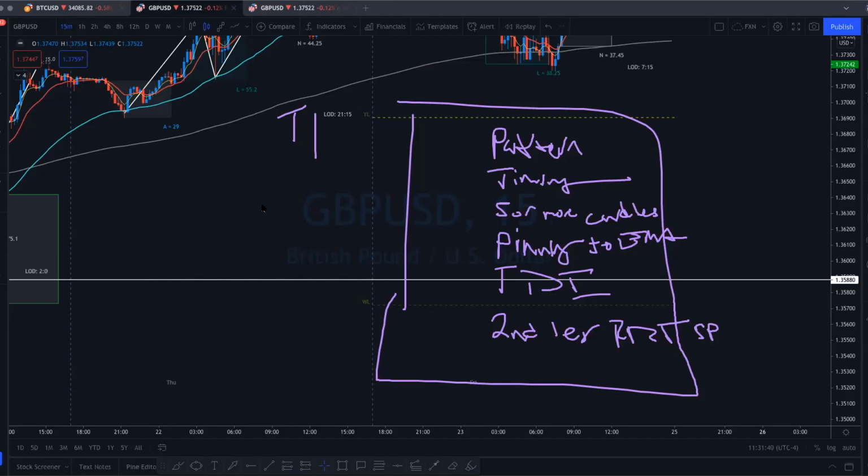If a pattern or type 1 setup that you're trading has the right pattern, the right timing, 5 or more candles between the first and second leg, they're pinning to an EMA, the TDI helps confirm, and then the second leg gives you a railroad track or a star pattern. That's 1, 2, 3, 4, 5, 6 things right there that are helping you confirm that a trade setup is good.